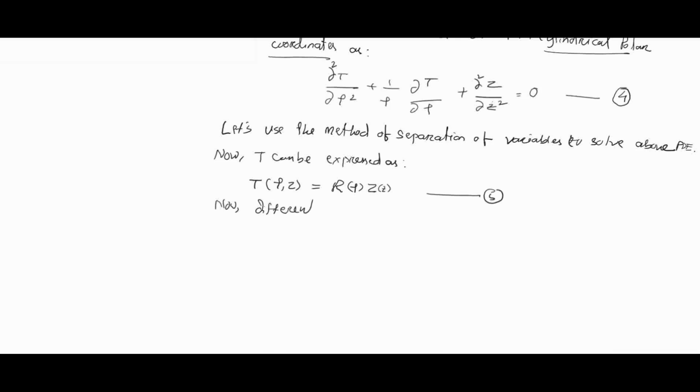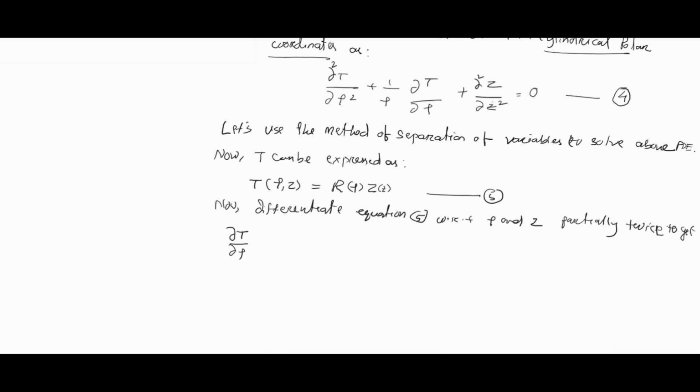Now differentiate equation number 5 with respect to rho and Z partially twice. So let's see what we will get.